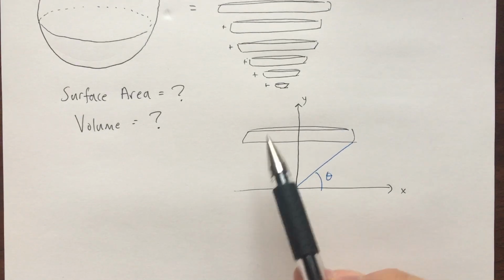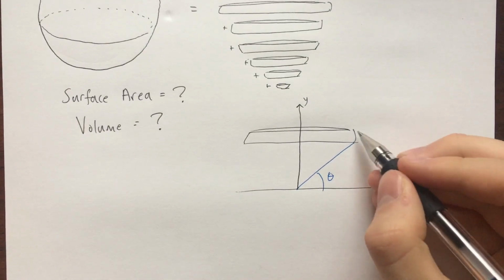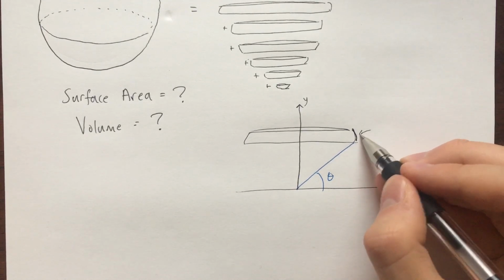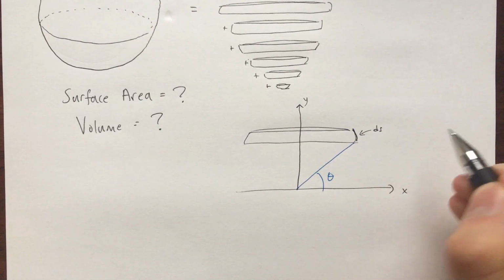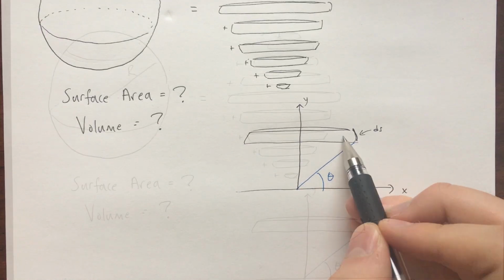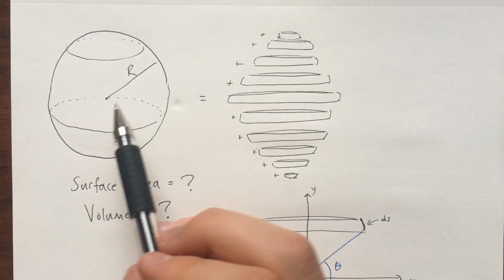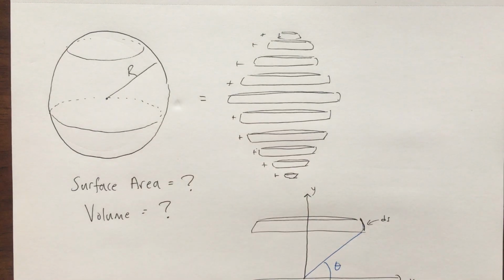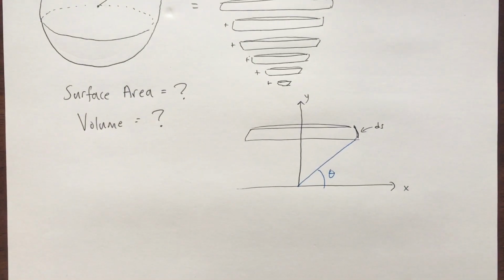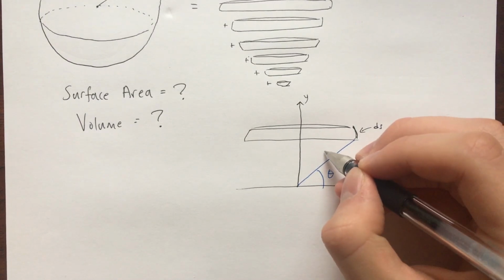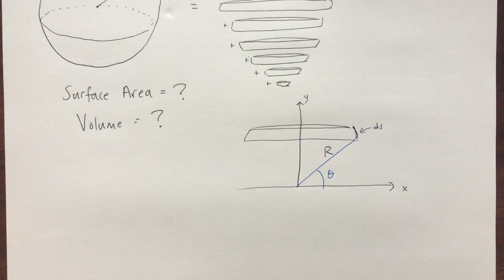Well, it's going to be the circumference times this little length right here, and we'll call this ds. So what is the circumference? Well, it's simply 2 pi times r, which is the radius. So I forgot to indicate this, but the sphere has a radius of big R. So that would mean that this distance right here is going to be big R like this.